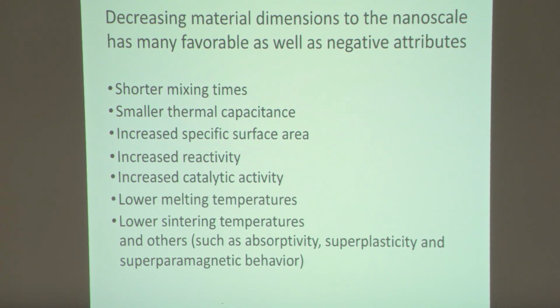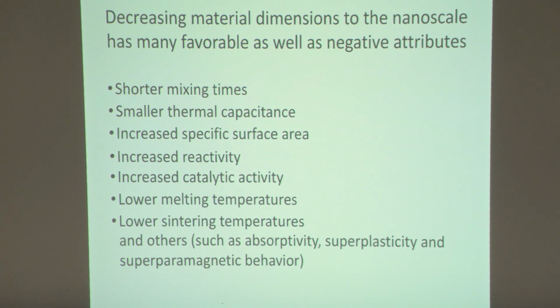Nanoparticles have shown increased catalytic activity. If you look at gold particles at the micron scale, they're basically not a catalytic particle at all, but if I take it to the nanoscale, a gold particle becomes a very good catalyst. They end up having lower melting temperatures, and a negative aspect is a lower sintering temperature as well.